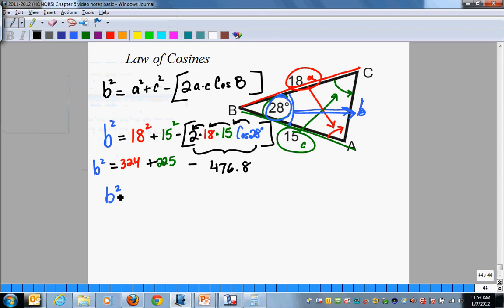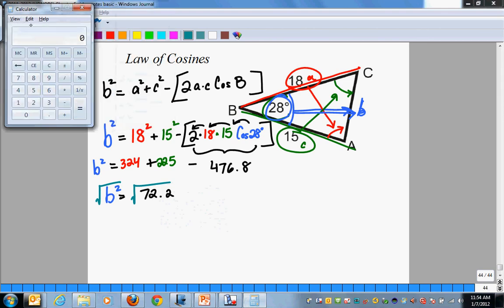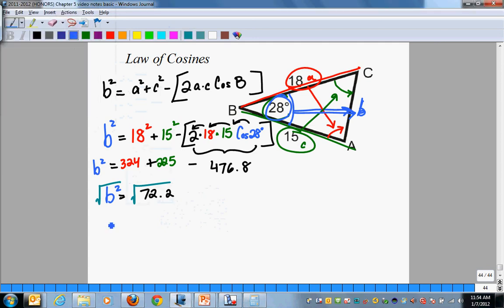B squared equals 72.2. The last step, of course, is to square root both sides. The square root of 72.2, I get 8.5. So B equals approximately 8.5.